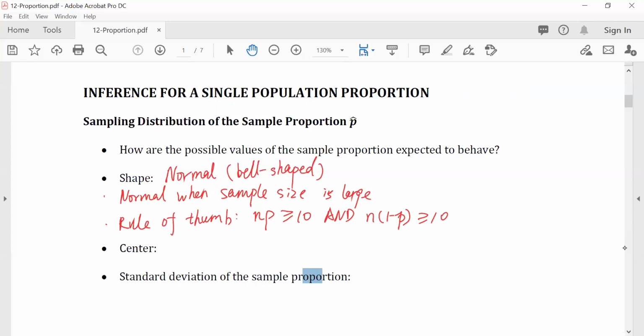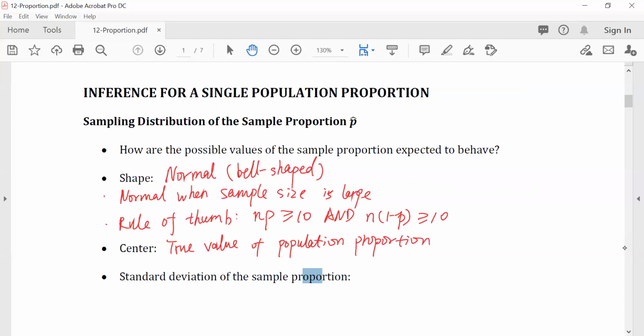This is the first characteristic, the shape of the sampling distribution. The second characteristic, the center, is the true value of the population proportion.